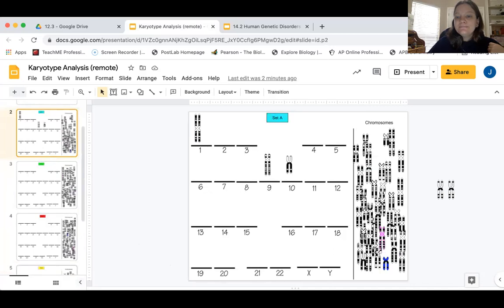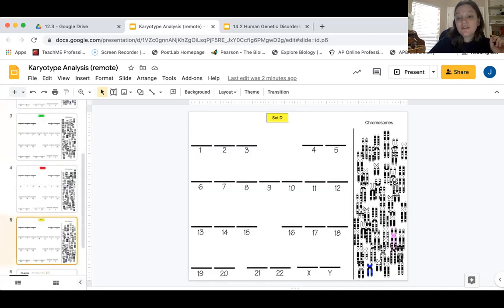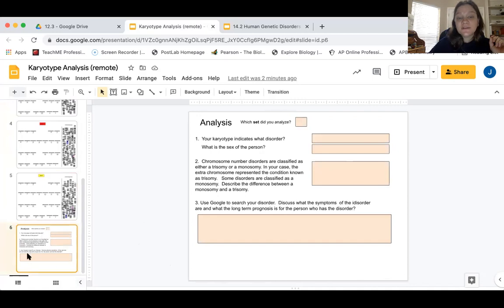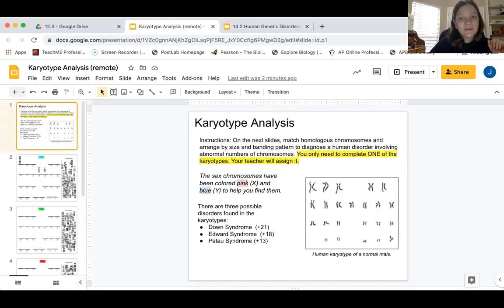If you do an extra one, you can make a copy of this last slide and answer the analysis questions again to get credit. Okay, so you have to do the whole thing twice, or you didn't really do anything. But that is the karyotype lab.